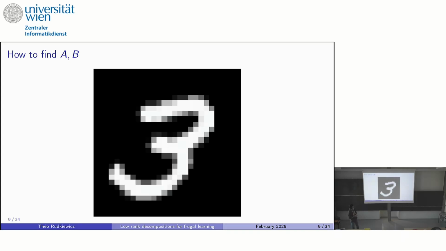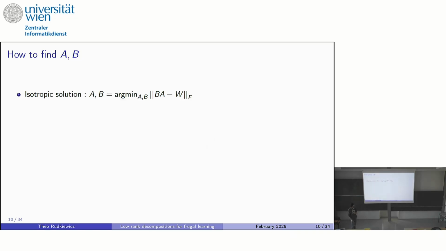For example, on MNIST, the values in the corner are typically always zeros. So basically, we care less about them. And so the solution we had is well suited for isotropic input data, because for anisotropic input data, all the values don't have the same importance.